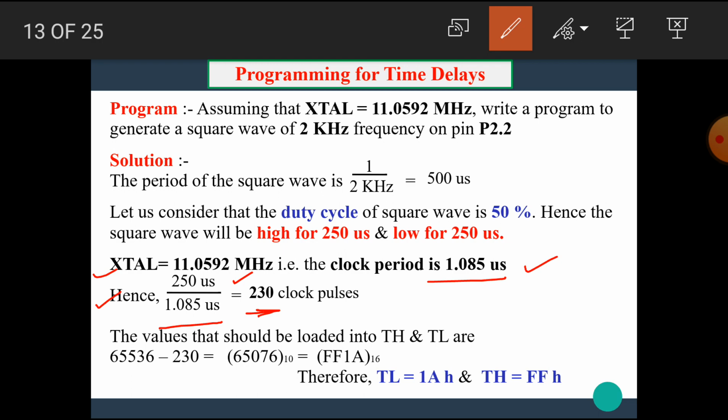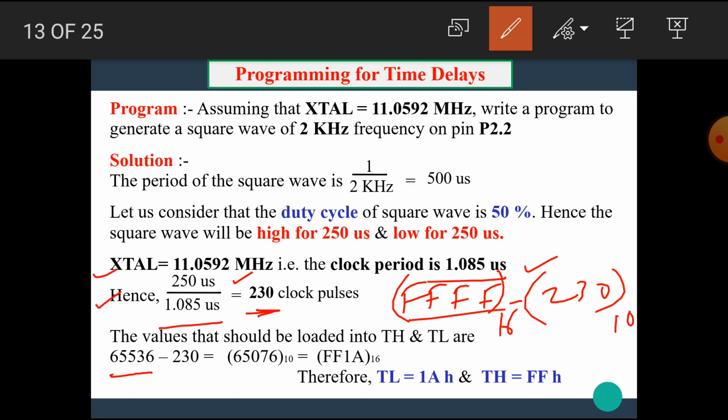Now we have to subtract these clock pulses from the maximum value, that means from FFFF minus 230. But the problem is that this 230 is decimal and FFFF is hexadecimal, so we have to convert it into decimal. Its equivalent decimal is 65,536 minus 230, which gives the value 65,306.